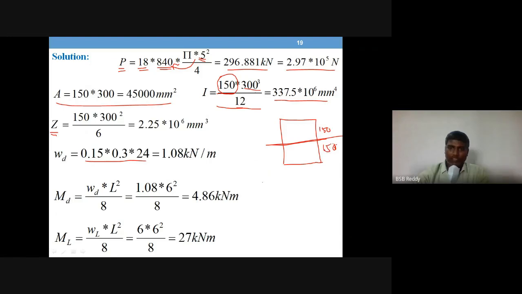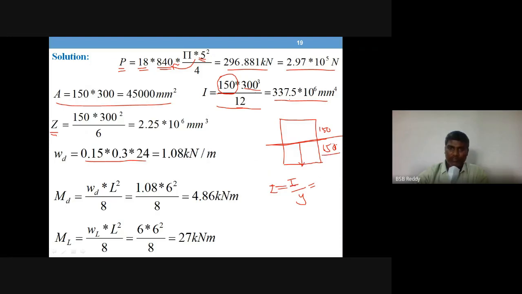Okay. Either Z is I by Y, or else BH square by 6. Y means the distance of the bottommost fiber from CG, which is 150.